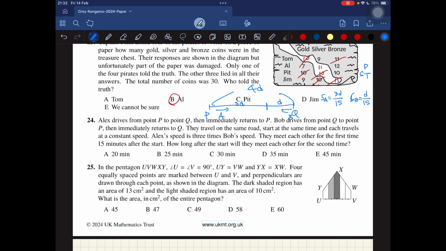Because they move in different directions, this was the first time they meet, and the total distance they drove was 4D. So the next time, the total distance they drive could be 8D. Let's say, for example, it comes like this.